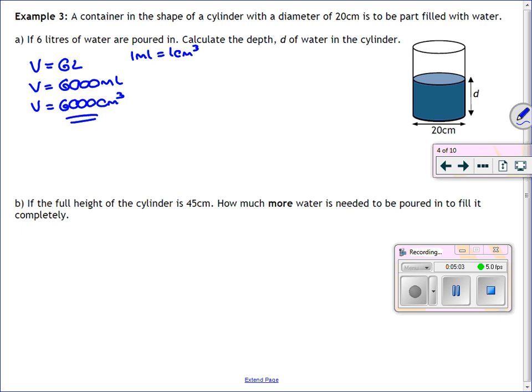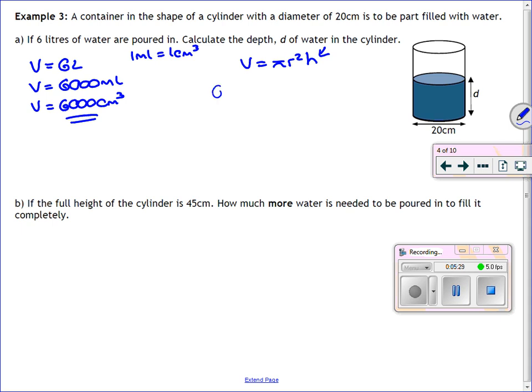The radius is 10. Now we know the formula we're going to use is volume is equal to pi r squared h. This question is asking us to find the depth of the water, i.e. find the height. So we know what the volume is, we know what V is, we know what R is. We can put this in and rearrange to find out what H is.